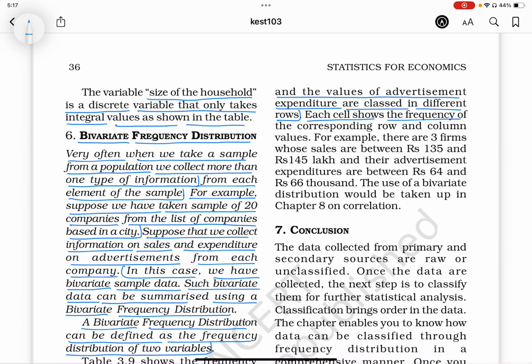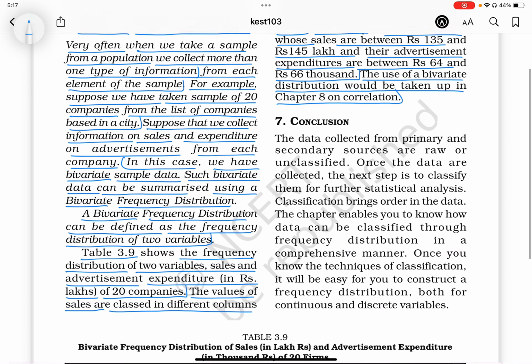Each cell shows the frequency of the corresponding row and column values. For example, there are 3 firms whose sales are between 135 and 145 lakh. Their advertisement expenditures are between 64 and 66 thousand rupees. The use of a bivariate distribution would be taken up in chapter 8 on correlation.